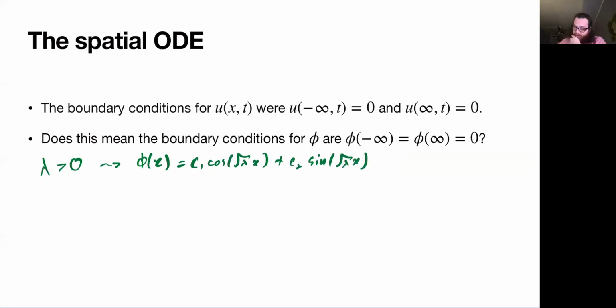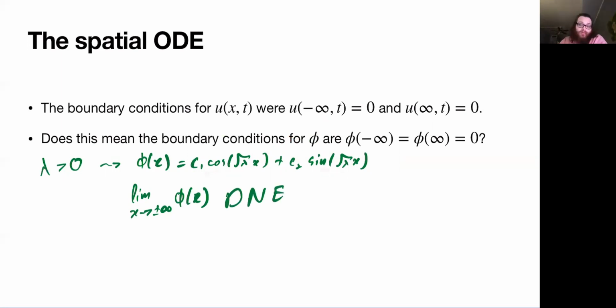And so the limit as x goes to, say, plus or minus infinity of phi of x? Well, here, both of these functions are periodic. So as x goes to plus or minus infinity, cosine and sine are just going to oscillate between two values. So this limit doesn't exist.